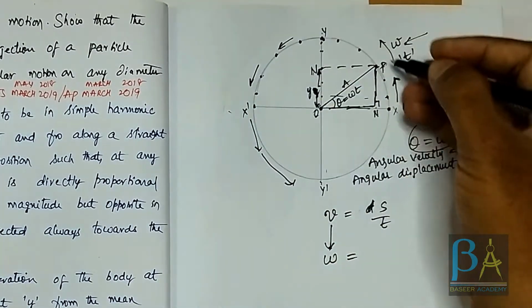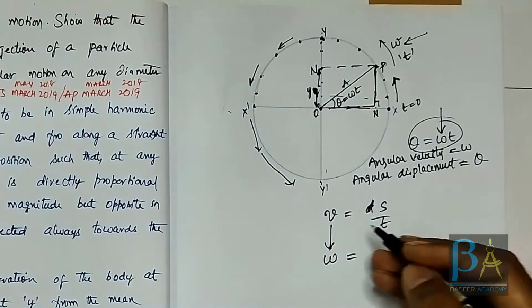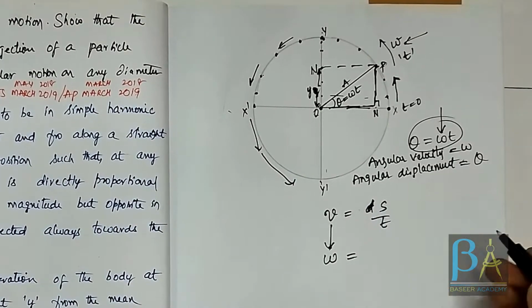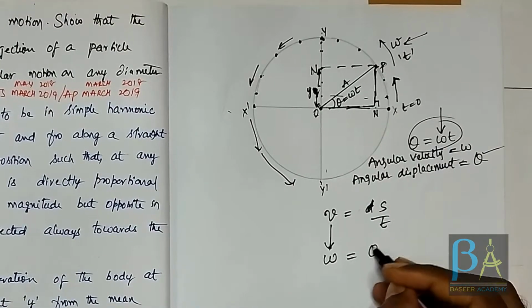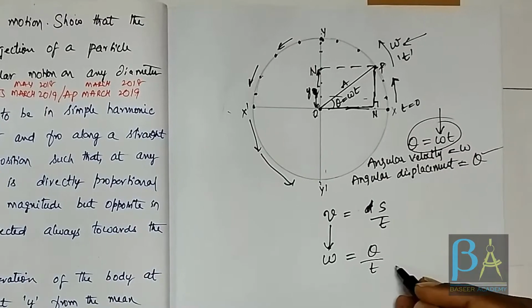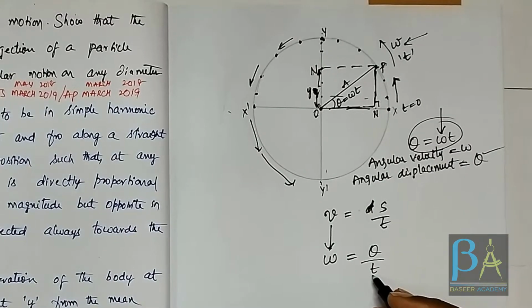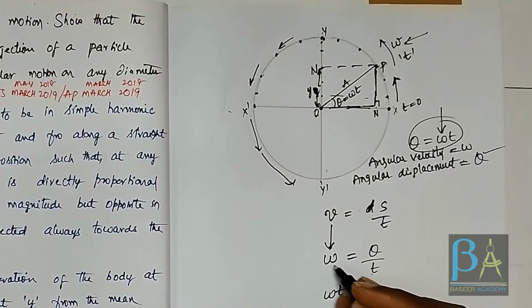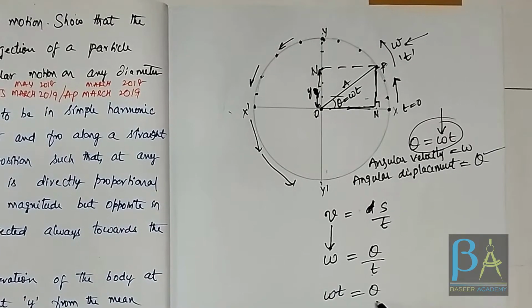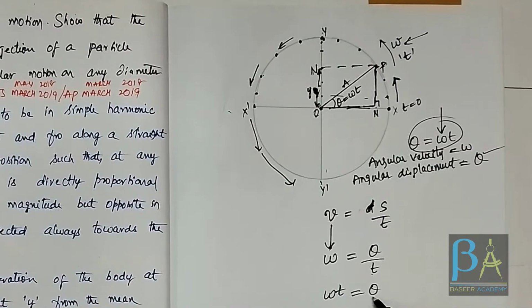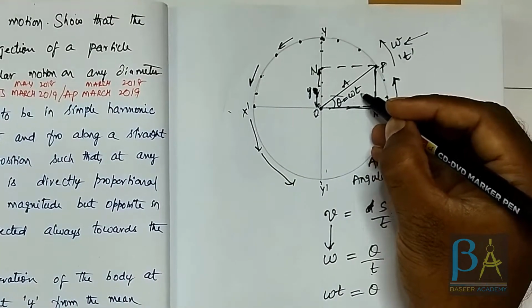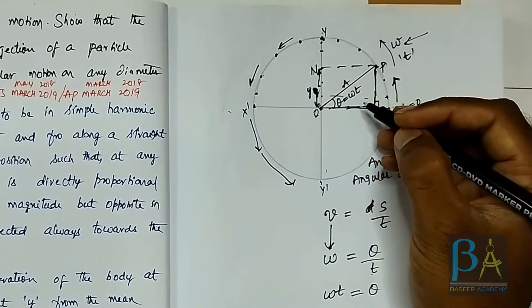It is moving along the circumference of a circle. So instead of taking the velocity, I'm taking angular velocity. The displacement here is the angular displacement theta, and the time is t itself. So t is dividing on the right hand side, so it will obviously multiply on the left hand side. Omega t is equal to theta. So the angular displacement theta is omega t. So that's the reason in place of theta, let us write omega t here.